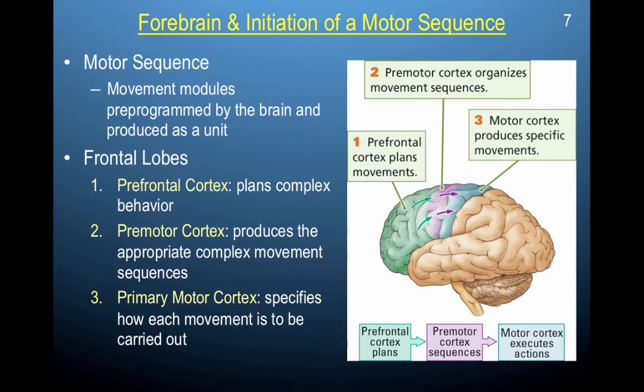They are involved in planning goal-directed behaviors and complex movements. The prefrontal cortex plans behavior, and then it sends these overall plans to the premotor cortex. The premotor cortex then produces the appropriate complex movement sequences, and then the primary motor cortex specifies how each movement is to be carried out.